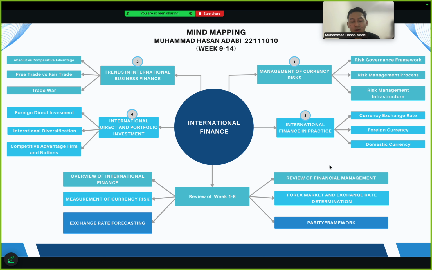What I remember the most is the measurement of currency risk, for example sensitivity analysis and regressions, which are used to forecast the currency, and also how we see the relationship between one and another.